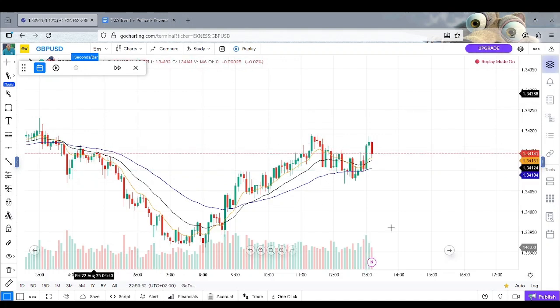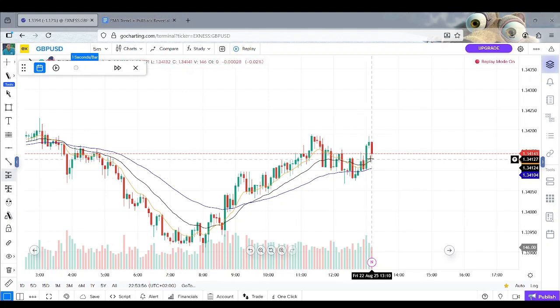Wait a minute. Okay. Now that's a proper bullish engulfing. Yes, and let's buy again. Yes, the conditions are okay. Remember the 50, the price is above the 50.